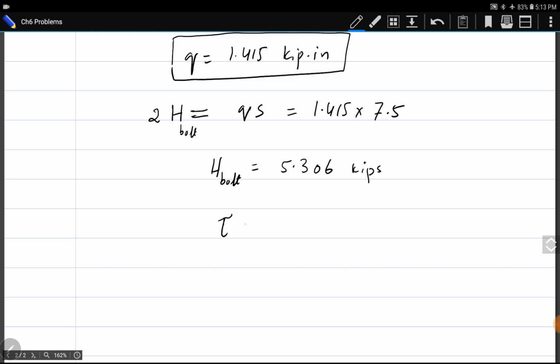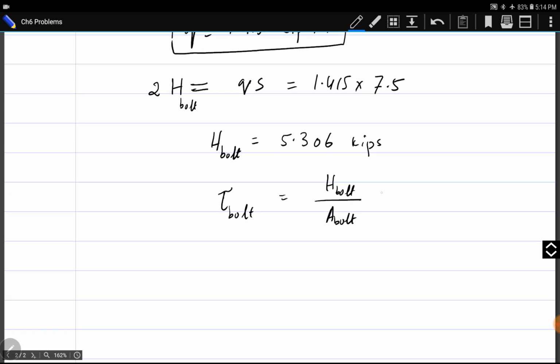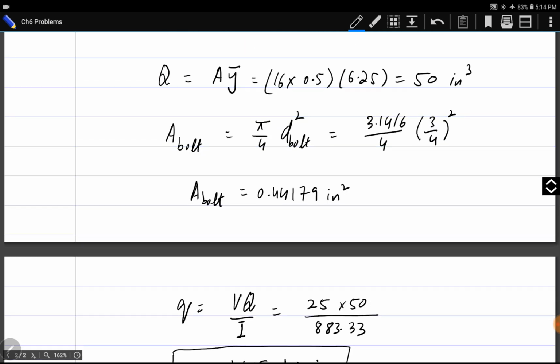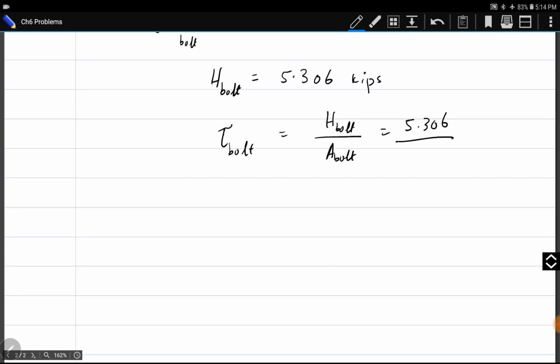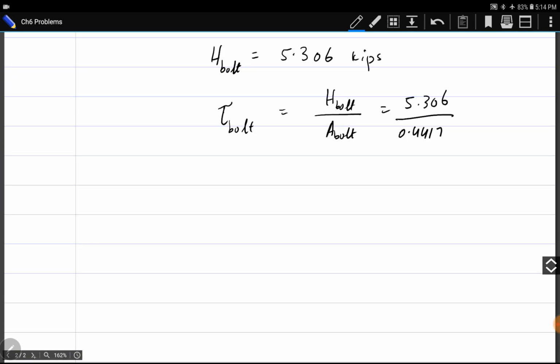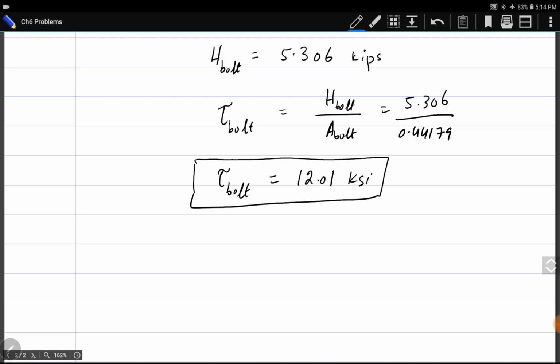So stress in the bolt will be force in the bolt divided by area of the bolt. 5.306 kilopounds and area of the bolt is 0.44179. The stress in the bolt is equal to, it comes out to be 12.01 kilopounds per square inch. The stress in the bolt has been calculated.